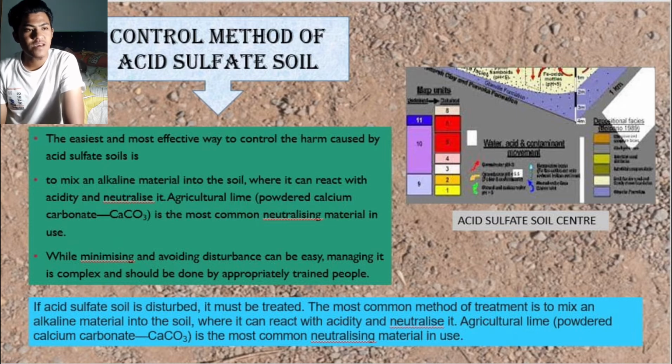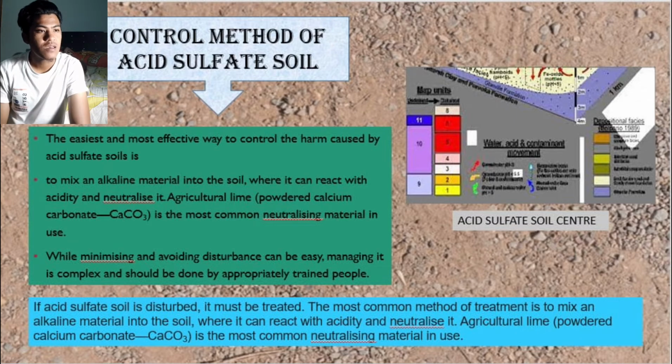The most common method of treatment is to mix an alkaline material into the soil, where it can react with acidity and neutralize it. Agricultural lime, powdered calcium carbonate (CaCO3), is the most common neutralizing material in use.